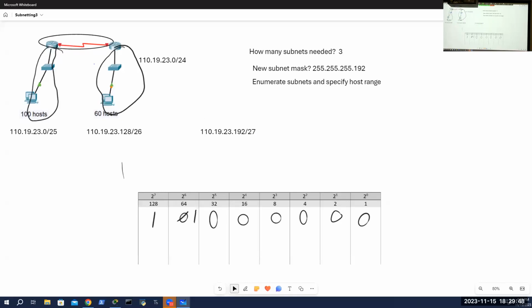And now for this third subnet, it's going to look like .224 in the subnet mask. And now again, we just made two more networks by reallocating just one more bit.